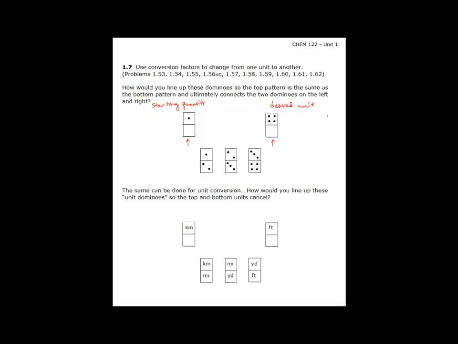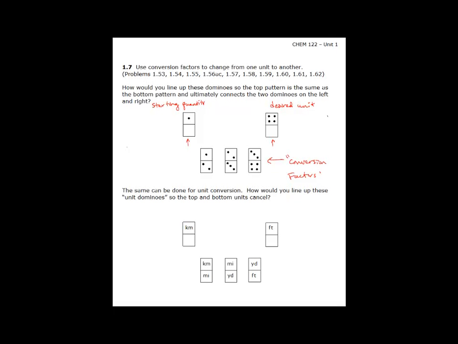Now, these dominoes on the bottom, you can think of these as conversion factors. So what we need to do is to orient these conversion factor dominoes at the bottom so that we can cancel out these other dots. So before I go into the domino example, I'm going to think about this mathematical principle.